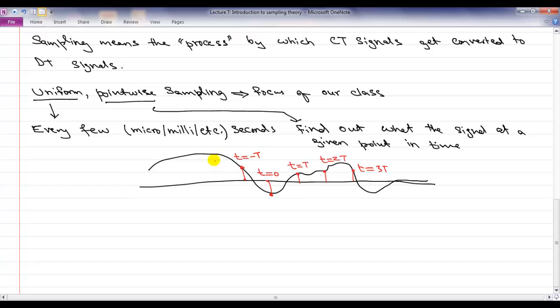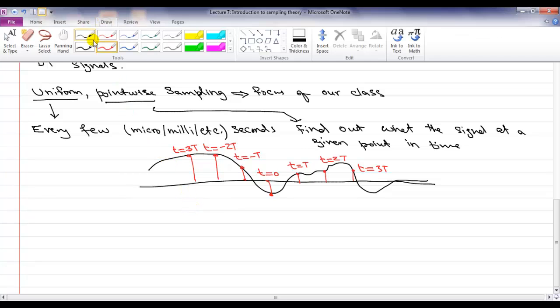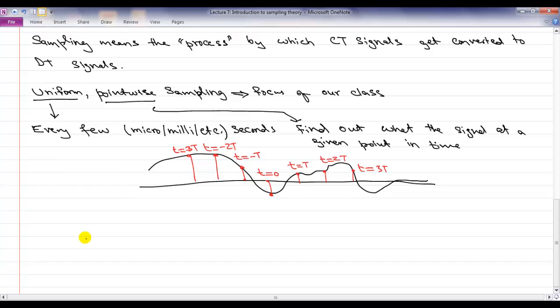So t equal to minus T, t equal to minus 2T, t equal to minus 3T. Okay. So this kind of sampling, the only variable that you have is when do you take the sample? When do you find out what the value of your signal is? And that is the variable capital T. So this is called sampling with time period capital T seconds. Okay.